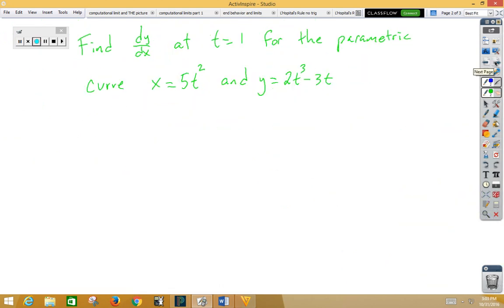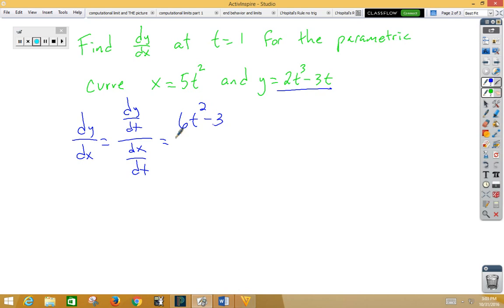In our next example, find dy/dx at t is 1 for the parametric curve. So again, this is a derivative plug-in problem. So dy/dx is once again dy/dt over dx/dt. So derivative of 2t cubed minus 3t would be 6t squared minus 3.